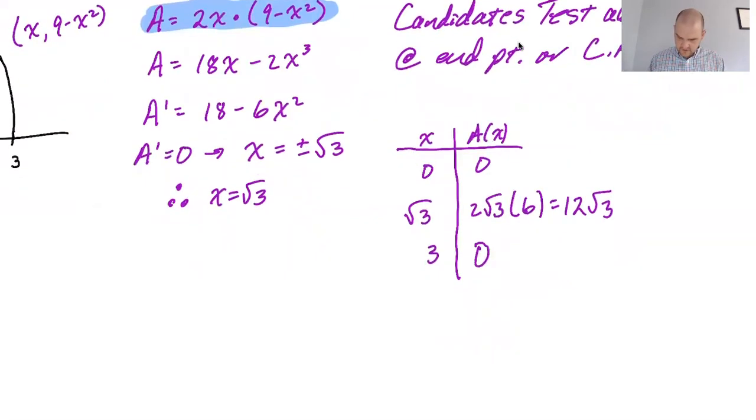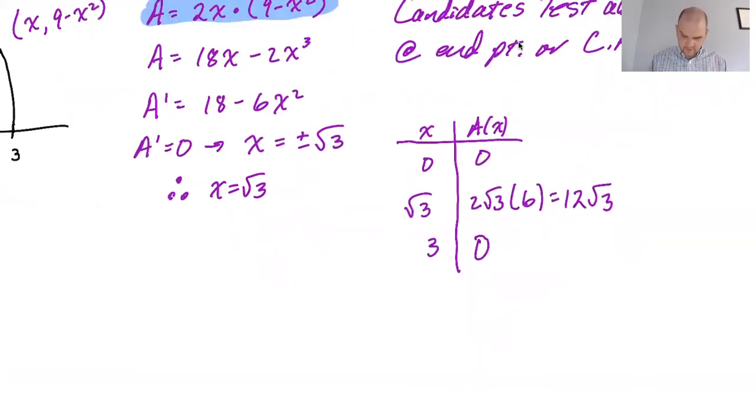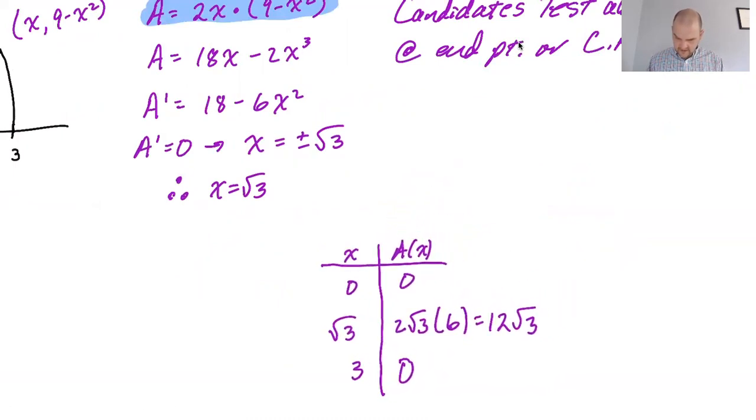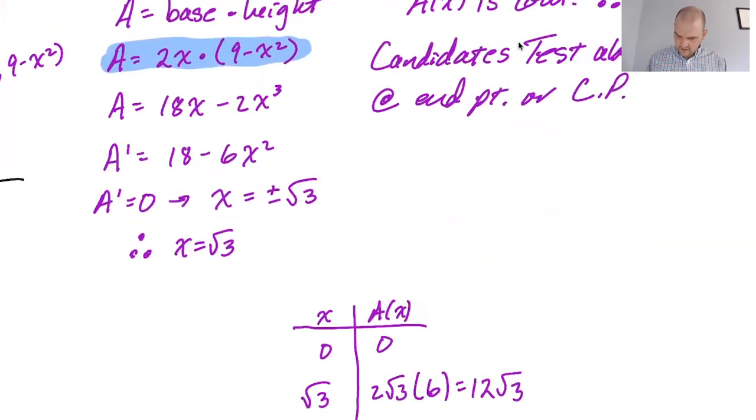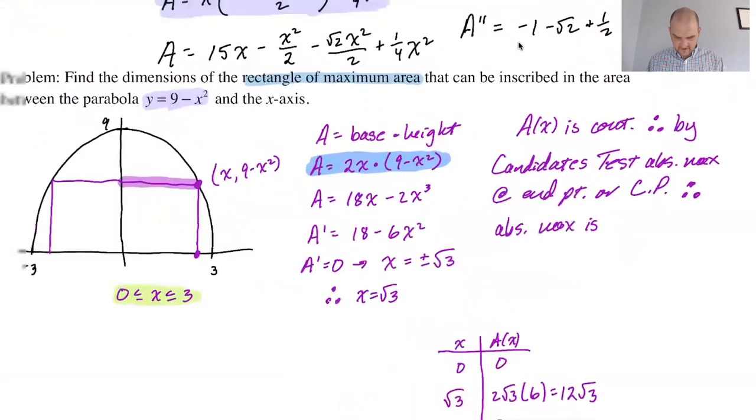Okay, so therefore, we have a lot of room. I don't know why I'm cramming everything in here. Let me move this way down. Okay, so let's say, therefore, the absolute max is, so what are we actually finding? We're finding the dimensions.